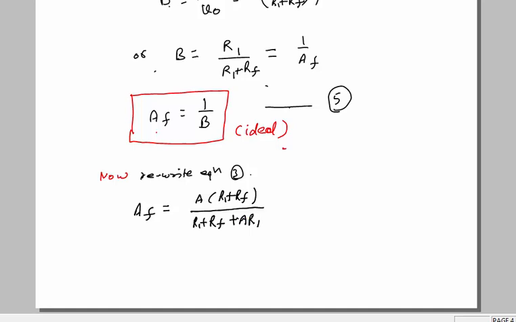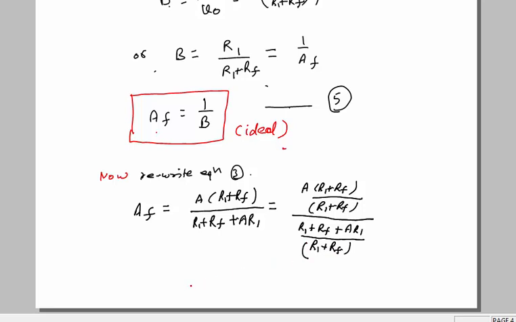Now here, if I multiply and divide the numerator and denominator by (R1 plus RF), what we will get here is A times (R1 plus RF) divided by (R1 plus RF). Similarly, here we have R1 plus RF plus AR1, and this also should be divided by (R1 plus RF).